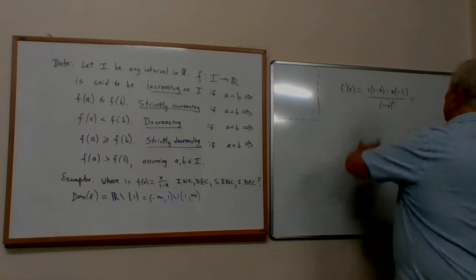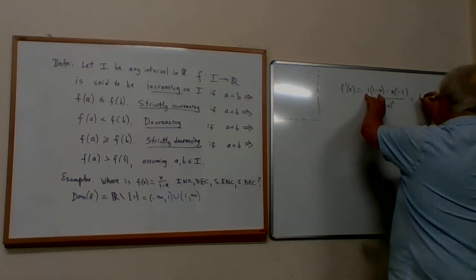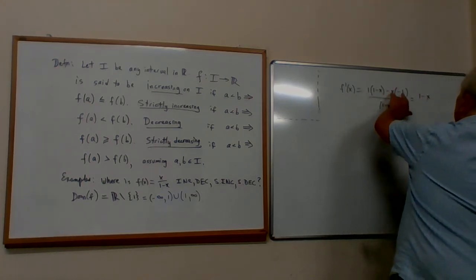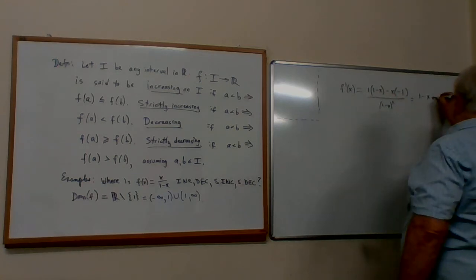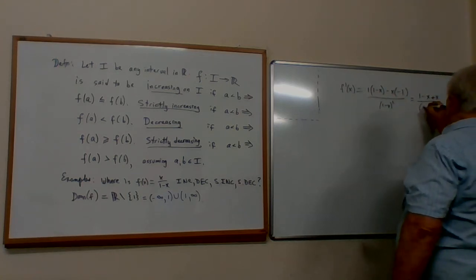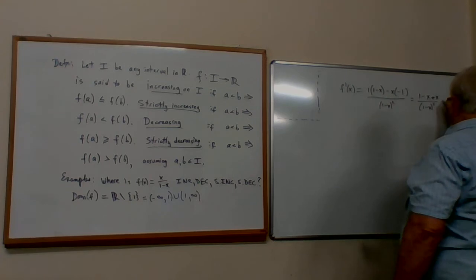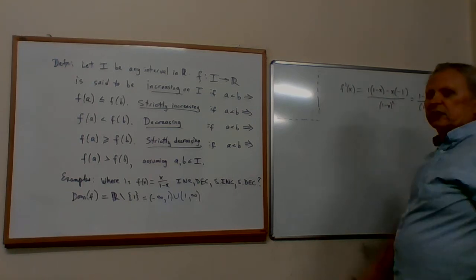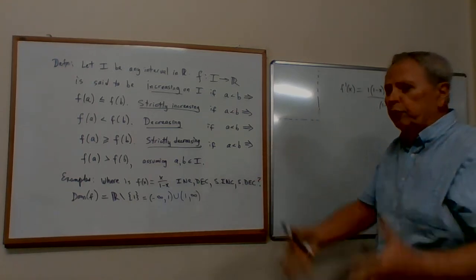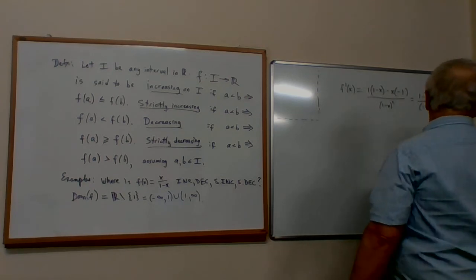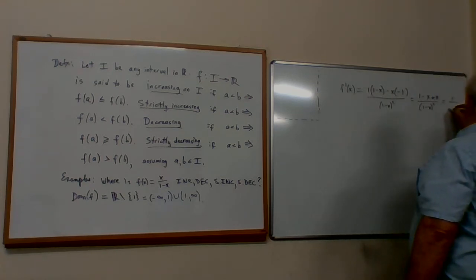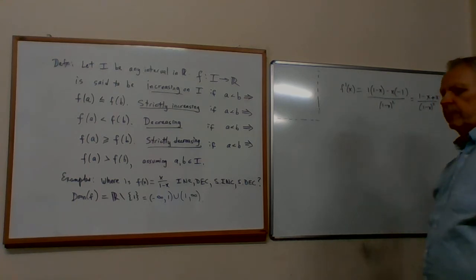And that's equal to 1 minus x plus x divided by 1 minus x squared, minus x plus x, and the people all said poof. Hopefully you said poof. And that gives me 1 over 1 minus x squared. All right?